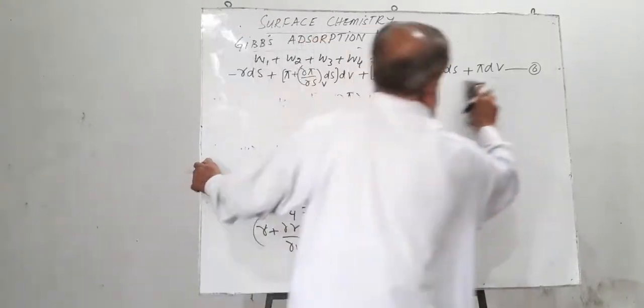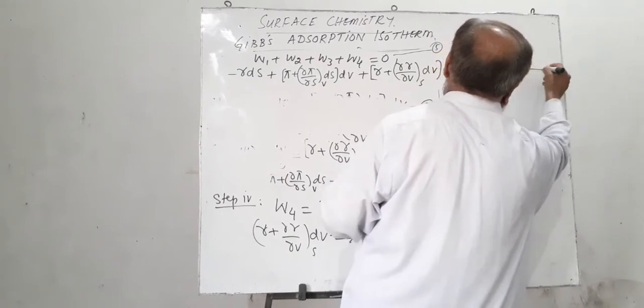Thus it is equal to 0. This total work done will be equal to 0. Equation number 6.